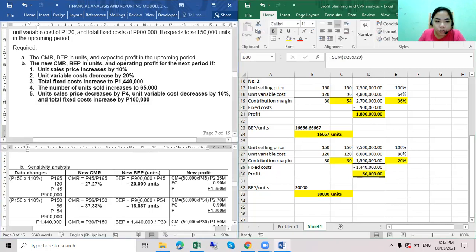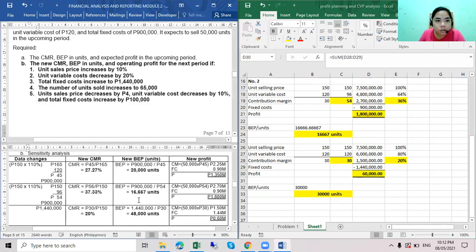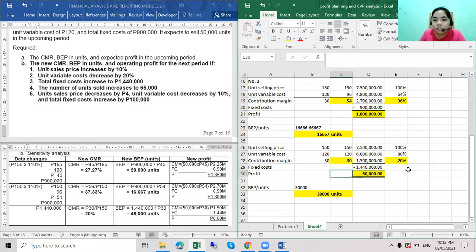So, if you increase your fixed cost to 1.4 million, same contribution margin, it does not change kay wala man ara naman si fixed cost sa dalawang class mo, so wala na siya labot. So the unit selling price, unit variable cost, only the fixed cost will change.